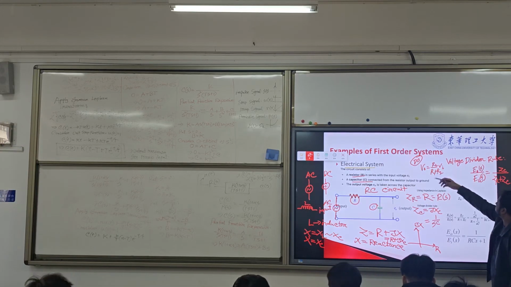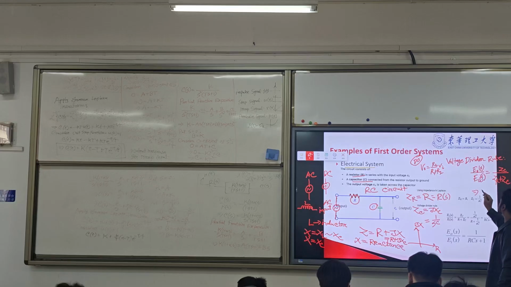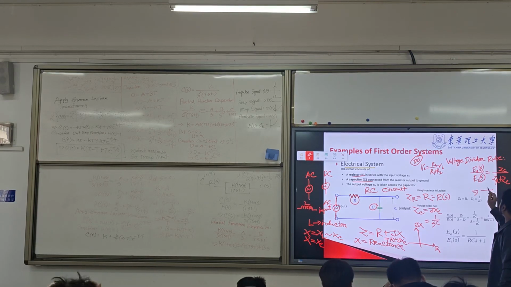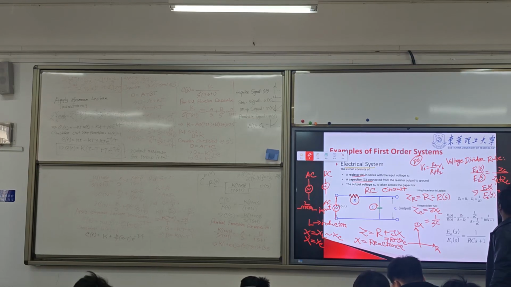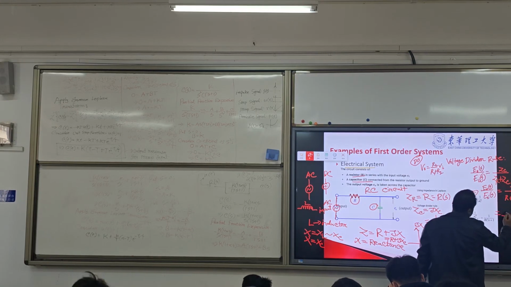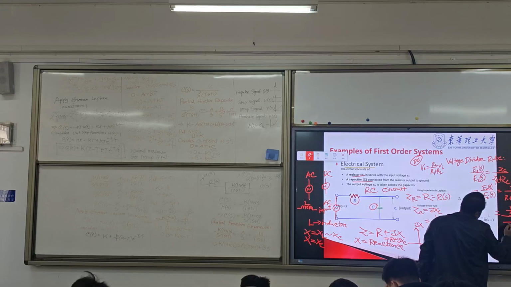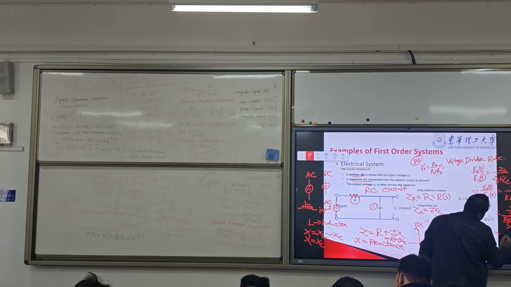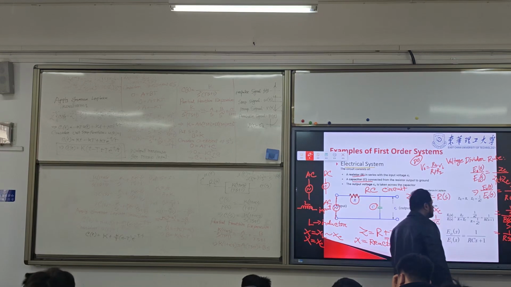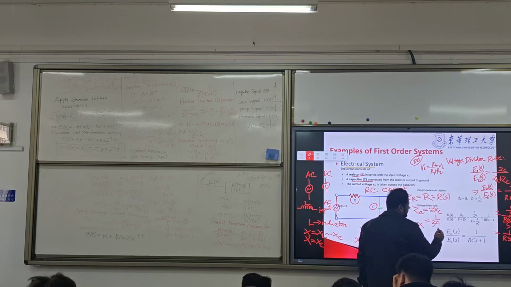So here Eout by Ei is 1 by SC divided by R plus 1 by SC. Multiplying by SC, that is RSC plus 1. So that is 1 by RSC plus 1. That's how we get this.